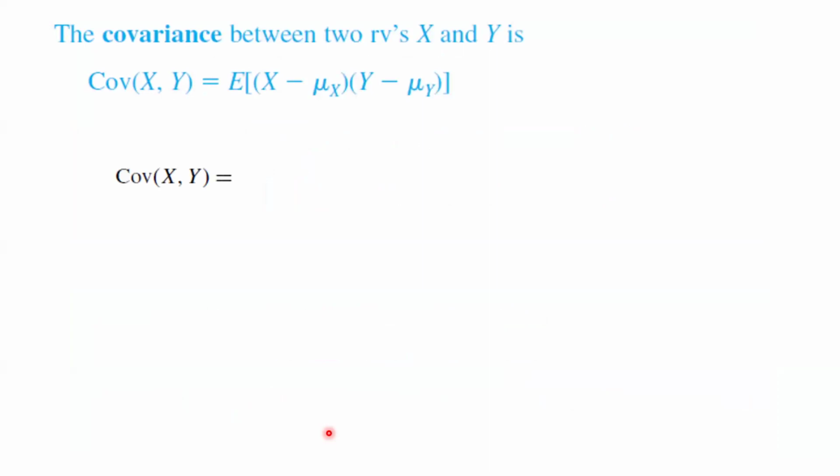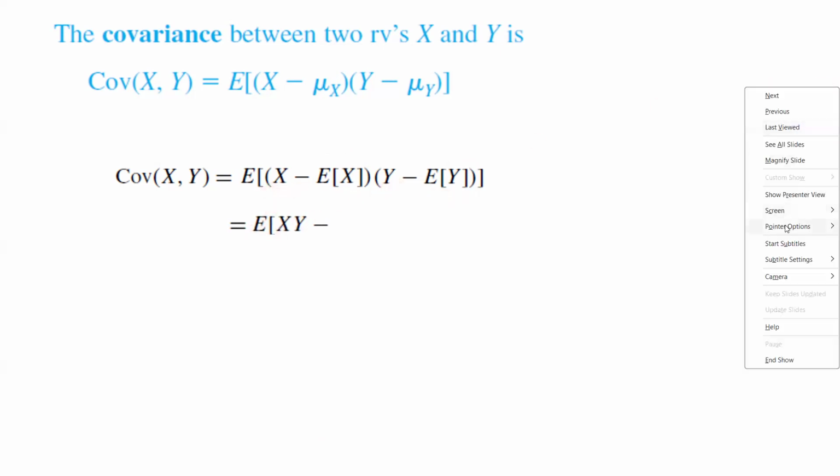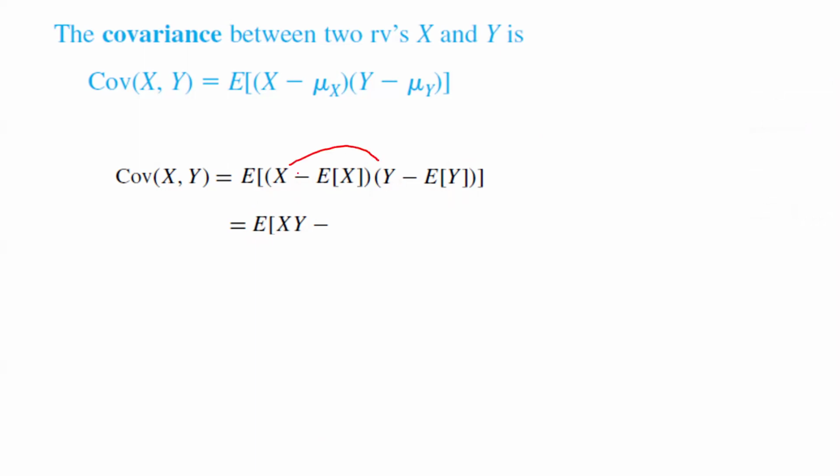So the covariance between two random variables x and y is defined this way. The covariance of x and y is the expected value of x minus the expected value of x times y minus the expected value of y. Now just distribute x into the parentheses and then the expected value of x into the parentheses, basically trying to simplify.